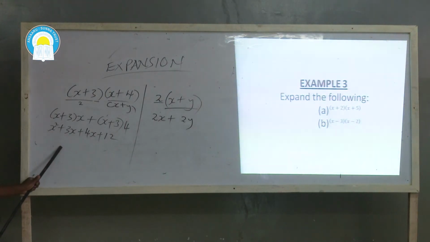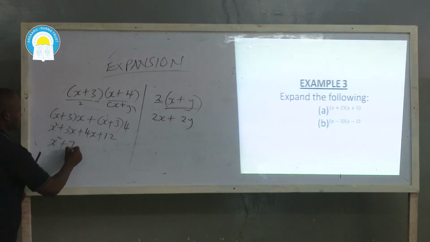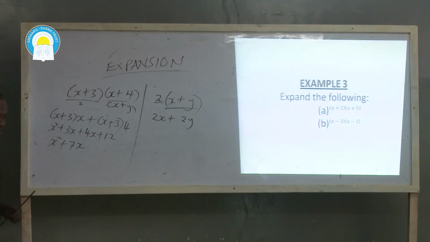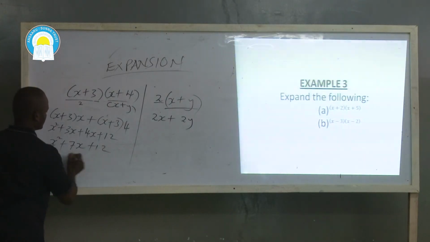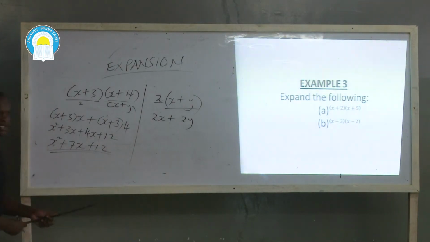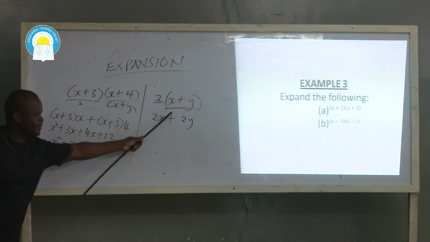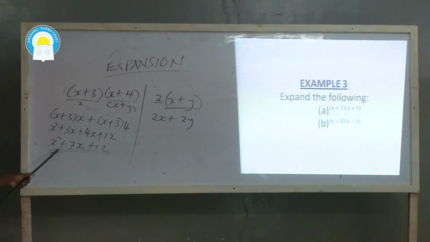So in the end, we have x squared plus 7x plus 12. That's what we get. So having understood the expansion of this from expansion of that, now we can make this expansion simpler. This is what you do to make it simpler.